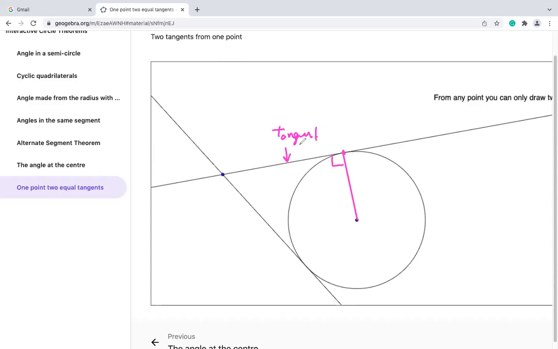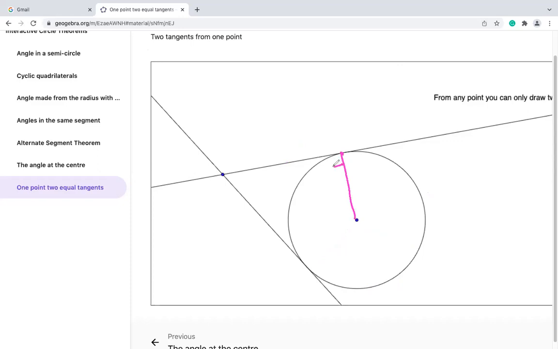Irrespective of how many tangents you draw, the radius joined at the point of contact will always be perpendicular to the tangent. Anywhere you see, it will always be a right angle. So the first property is that a tangent and radius at the point of contact create a right angle.